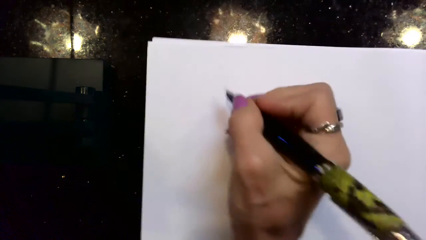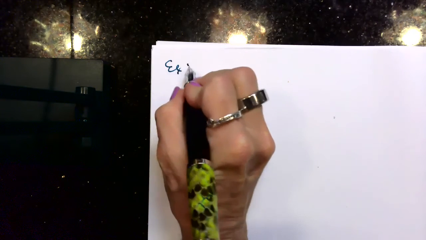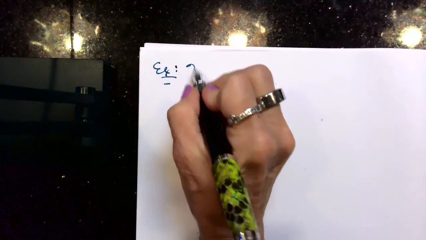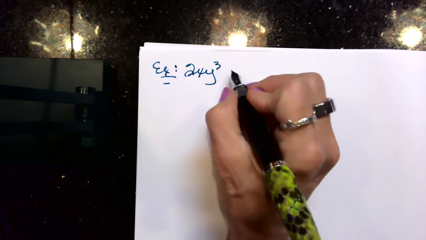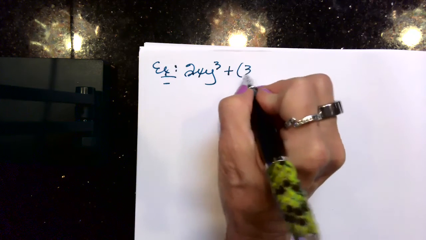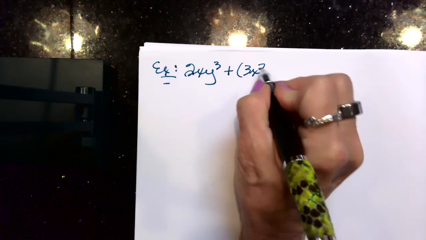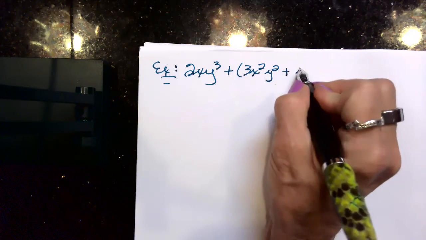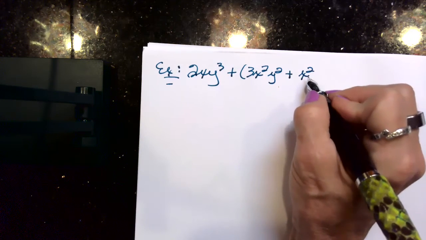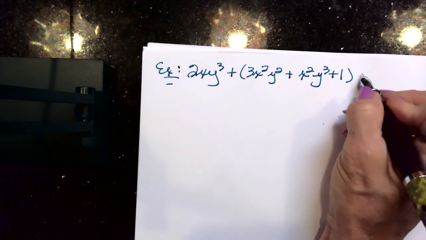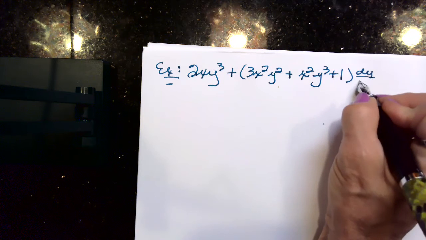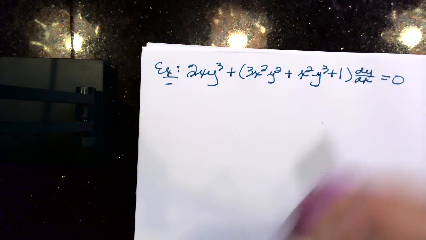So let's look at 2xy cubed plus 3x squared y squared plus x squared y cubed plus 1, times dy dx, equals 0.